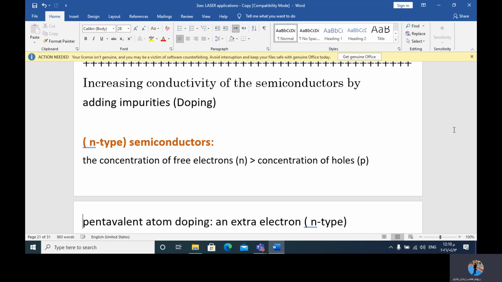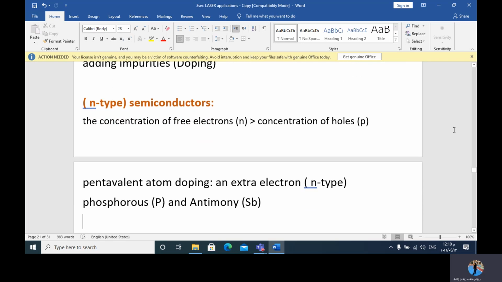Maybe it has one less electron or one more electron in its outermost shell, and this little difference will cause the conductivity to increase. And because of this, we divide doping semiconductors into two types: N-type semiconductors and P-type semiconductors. Let's start with the first one, the N-type semiconductors.